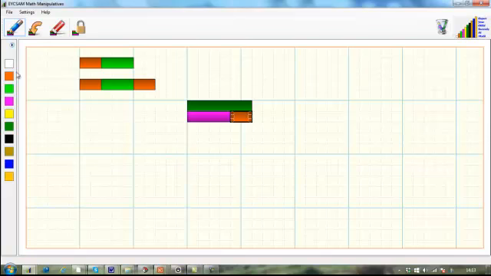But when we make this kind of thing, it's known as a pattern. Rods end to end, equivalent to each other. It's known as a pattern.